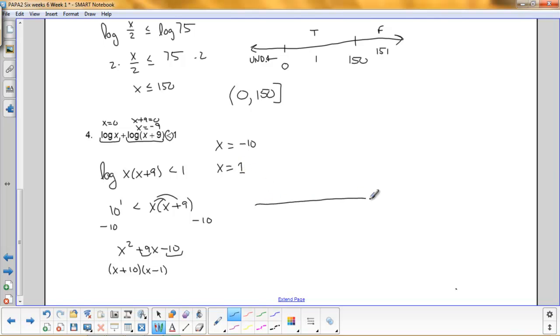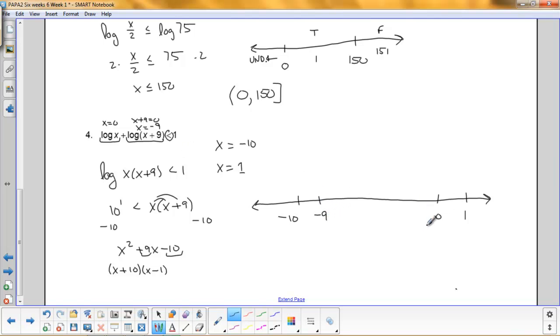Now, on the number line, we're going to see how I include both solutions and both restrictions in order to find where the actual restriction and where the actual test points will occur. So I'll begin by putting the number 1 and negative 10 on the number line. Then I'll go to the restrictions of 0 and negative 9.